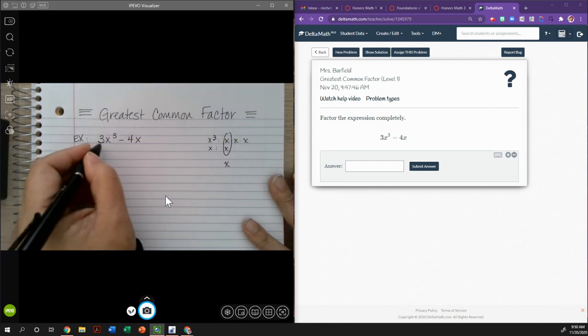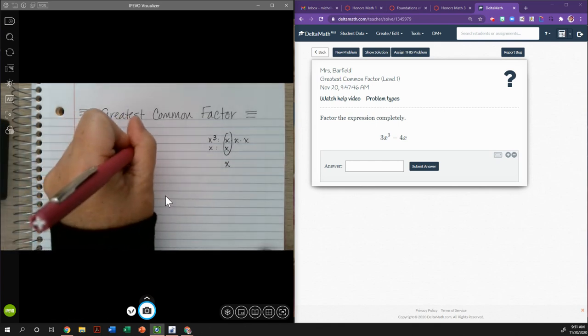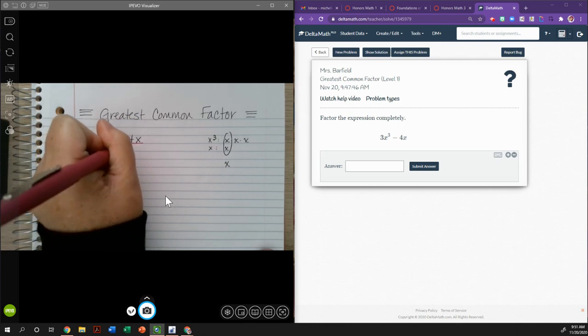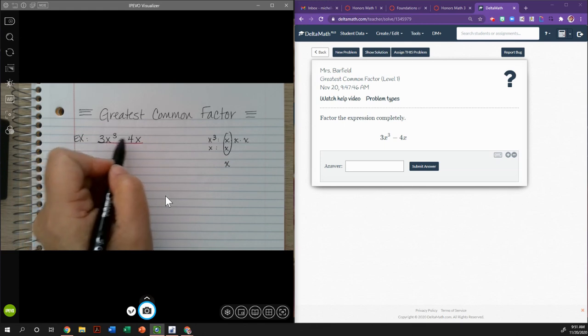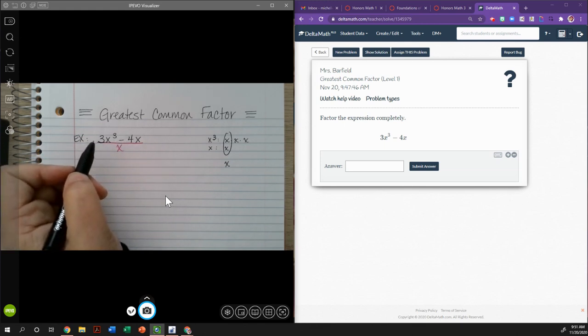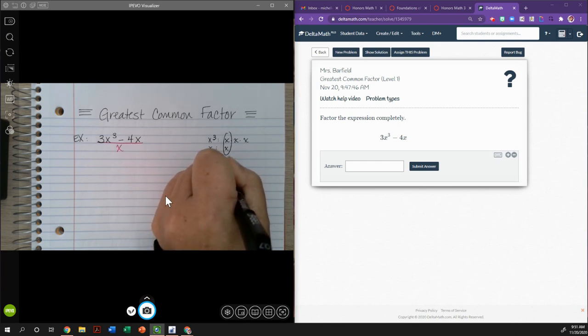So I'm going to take this and divide by x. That's how you do greatest common factor, you're actually doing division. So I'm going to divide by x. Now, I'm not worried about dividing by a number because 3 and 4 don't have anything in common. If I take 3, that's 1 times 3.